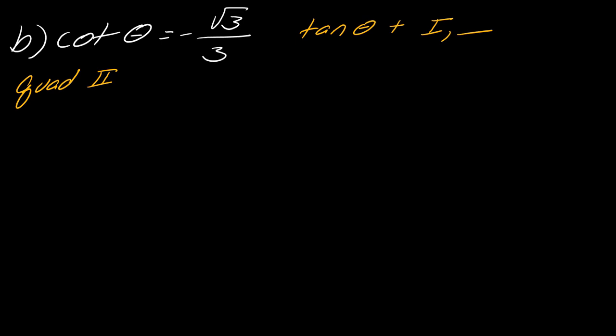Oops, sorry, I said 1 and 4, I meant 1 and 3. All students take calculus reminds me this is going to be positive in 1 and 3, so it's negative in quadrants 2 and 4.